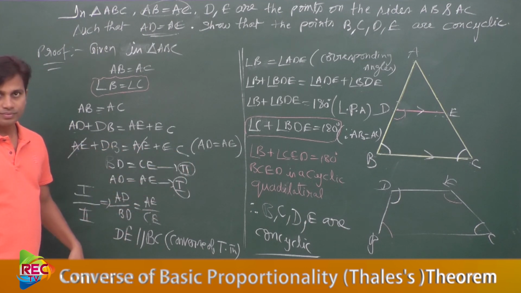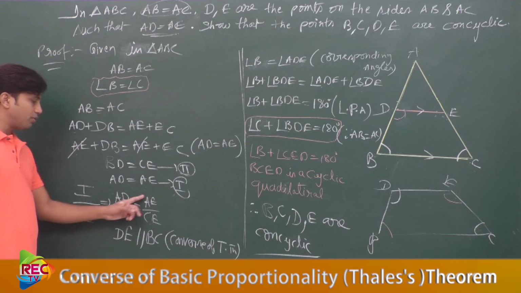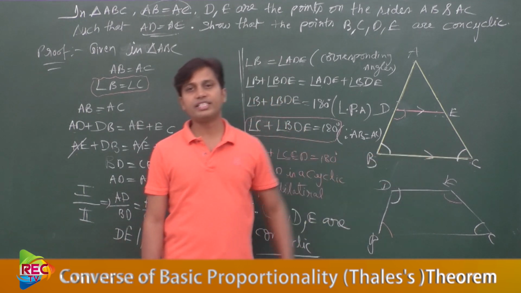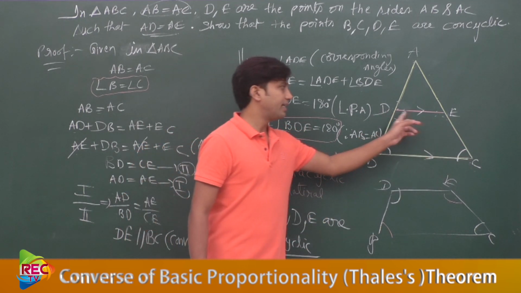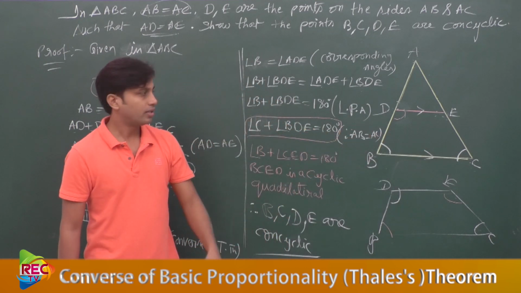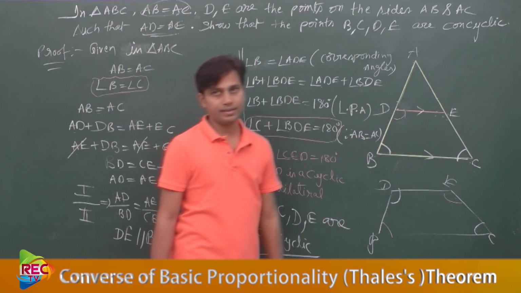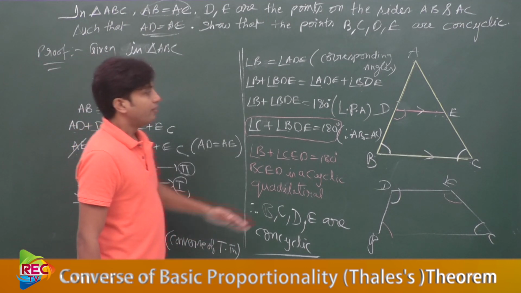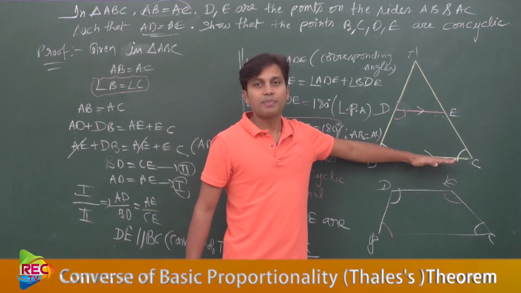Dividing 1 by 2, we obtained AD by BD equal to AE by CE. This is clearly representing the converse of Thales theorem. So when DE is dividing the remaining two sides AB and AC in the equal ratio, then obviously DE will be parallel to what? BC.